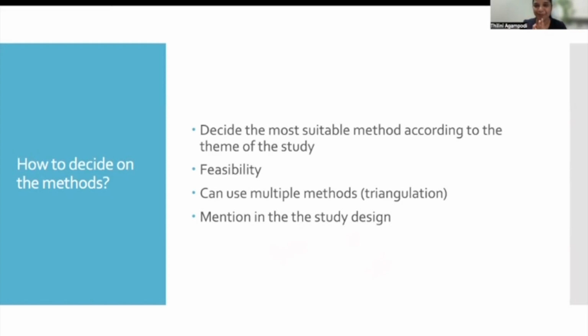Then you have to include the study setting, which is similar to quantitative studies. You describe the setting, the village, or maybe the characteristics of the village, characteristics of the institution, characteristics of the district where your research is going to take place, right?